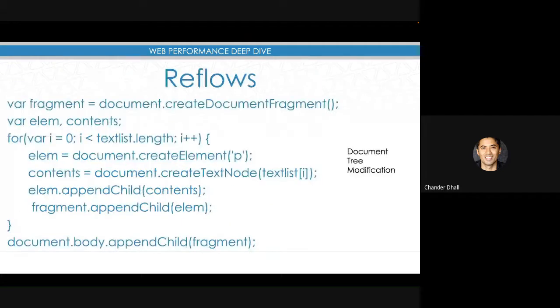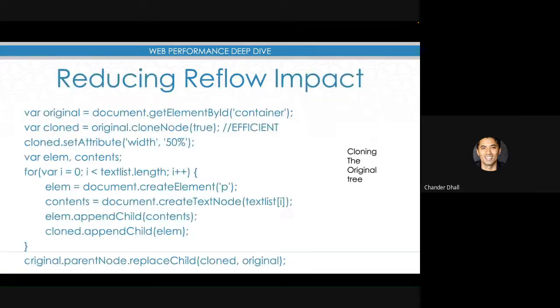Here's a good example. Take a document fragment. Do everything in the document fragment, and then, last line, append the fragment in the body. What's going to happen? You will trigger it one time. The entire for loop is not going to trigger anything except repaint, not a reflow.